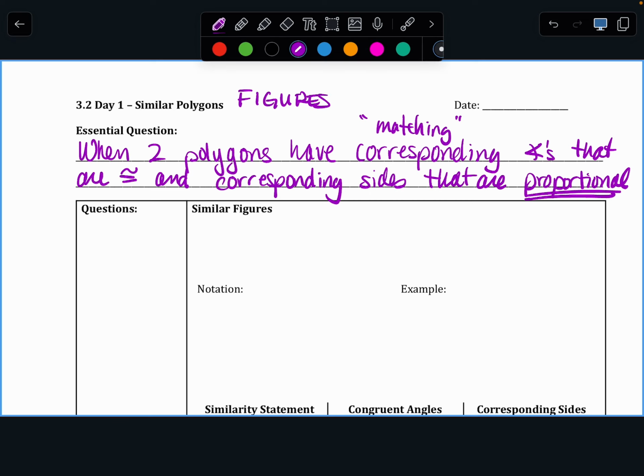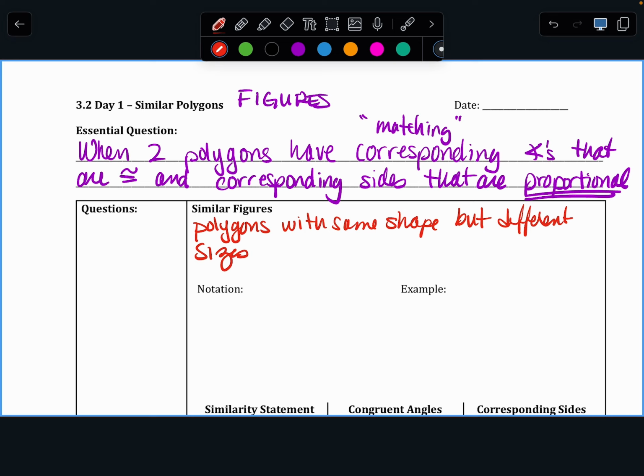So similar is like saying you have two of the same shape of different sizes. There are some things that are exactly the same, the angles that are congruent, but some of them have a relationship. So another way to think about that is polygons with the same shape, but different sizes. So those are the two definitions that we're going to use for similar figures.